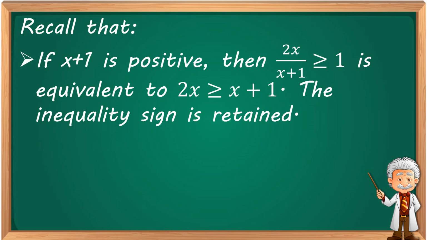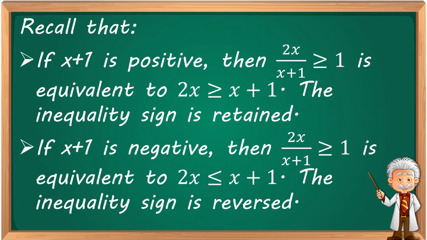So, kapag nilipat natin si x plus 1 sa kabila, kung positive si x plus 1, mariretain yung sign niya, yung inequality sign. Pero, kung si x plus 1 ay negative, pagka nilipat natin or nag-divide tayo or nag-multiply tayo ng x plus 1 in the both sides of the inequality, mare-reverse yung inequality sign. So, magiging 2x is less than or equal to x plus 1.